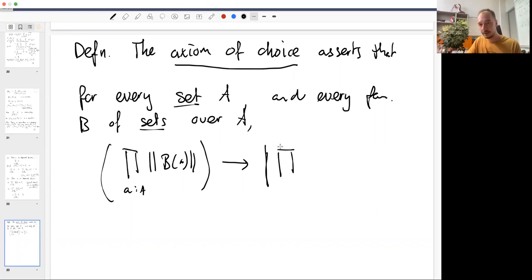I never used such fancy features. A section of B. So this is the axiom of choice. If you can show that each B of a is inhabited, then you can merely construct a section.